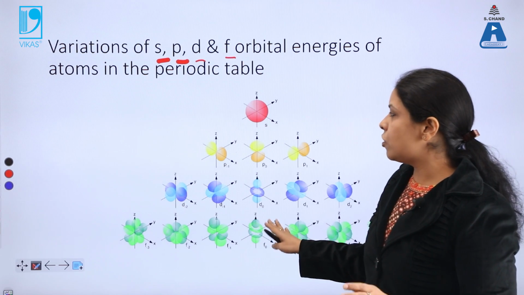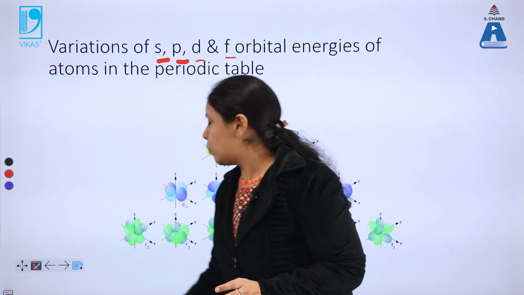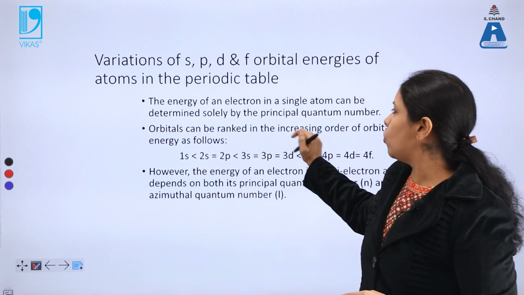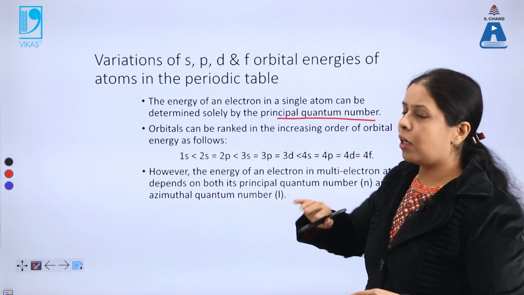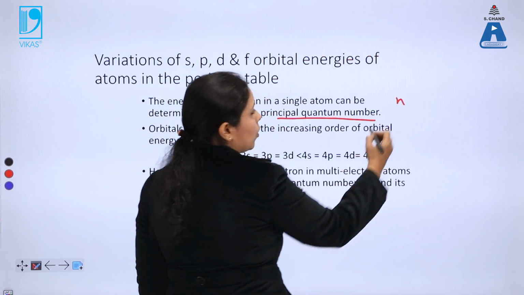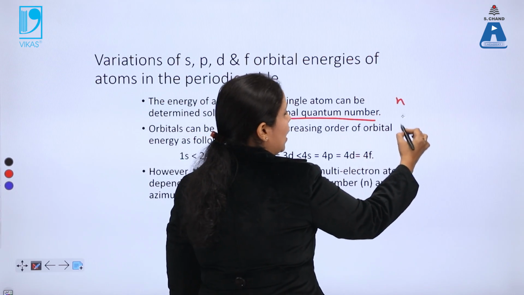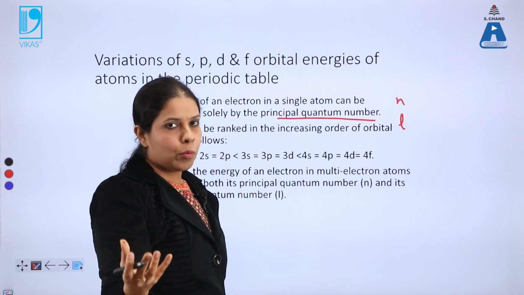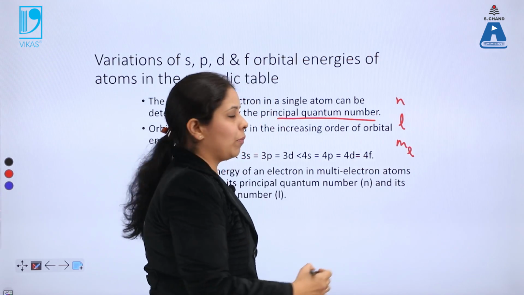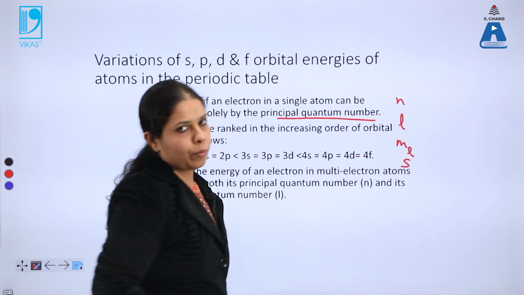So how these energies differ, that we can see over here. Energies of electrons in a single atom can be determined solely by the principal quantum number. There are 4 quantum numbers we all know: n is the principal quantum number, l is the azimuthal or angular momentum quantum number, ml is the magnetic quantum number, and s is the spin quantum number.